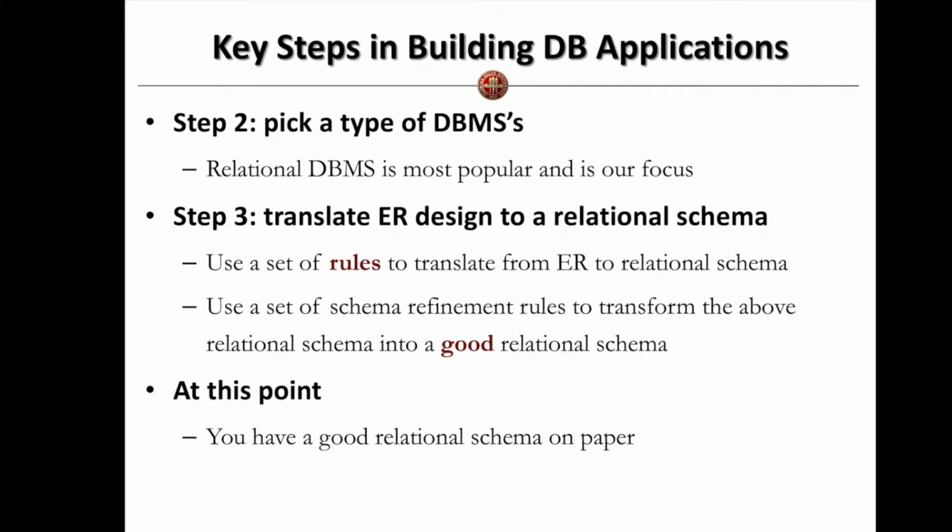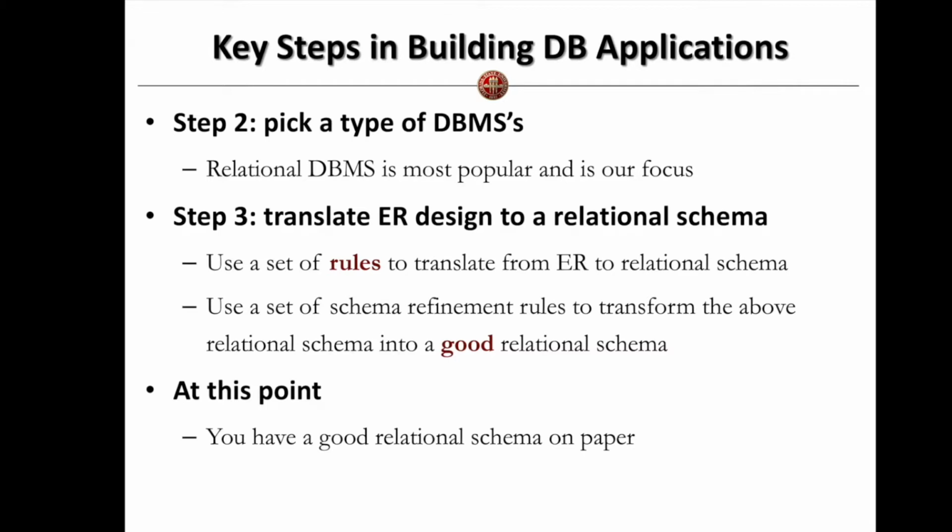We will teach how to do the translation by introducing a set of rules to translate the ER diagram into relational schema. And we can also have a set of schema refinement rules to transform the above schemas into very good ones. And in step 3, we will introduce the relational algebra, relational design, as well as the relational model for you. Then at this point, you can have a very good relational schema on your paper.